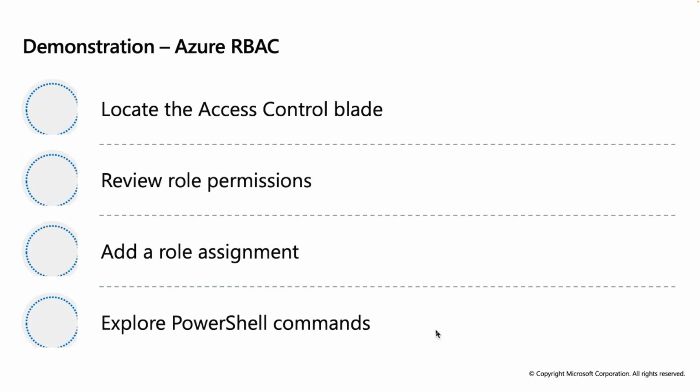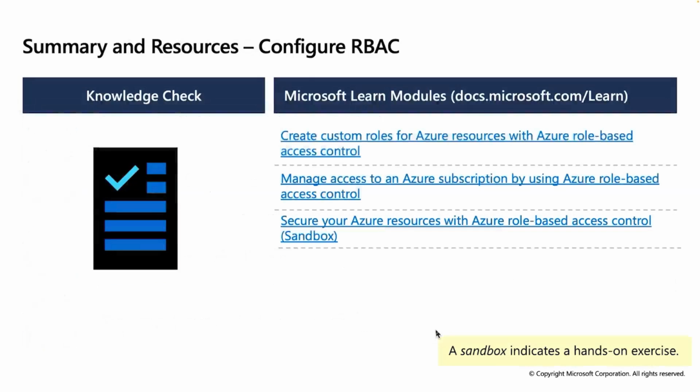Okay, so there are some demonstrations. So let's jump onto the demonstration. But before we do, there are some modules which you must visit, which is about the Azure RBAC, role-based access control. There's a learning module for subscription management, and a learning module with some exercises on the RBAC.